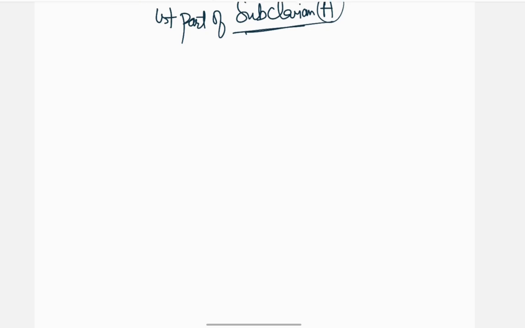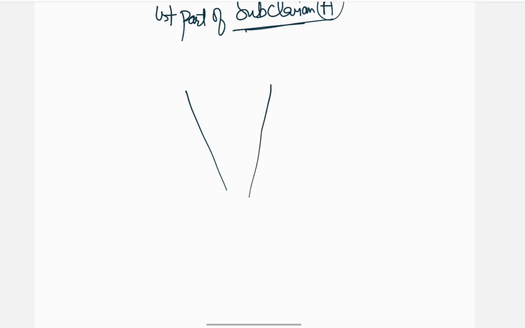Usually our subclavian artery is divided by a muscle known as scalenus anterior. I will show you in a brief diagram like this. This is our muscle known as scalenus anterior, which divides our subclavian artery into three parts.